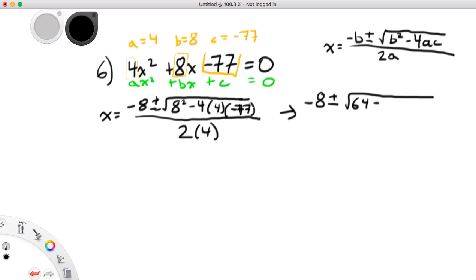All right, so we keep the negative 8, we keep the plus or minus, we keep the giant square root sign. 8 squared is going to be 64. Negative 4 times 4 is negative 16, and then negative 16 times negative 77 is, wait a minute, I'm going to have to use my calculator.